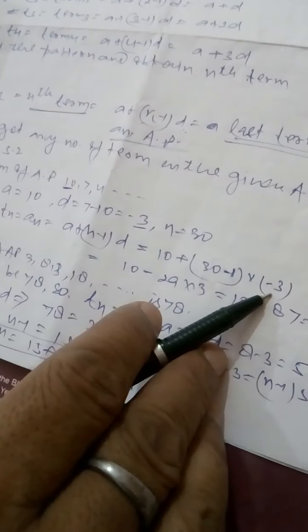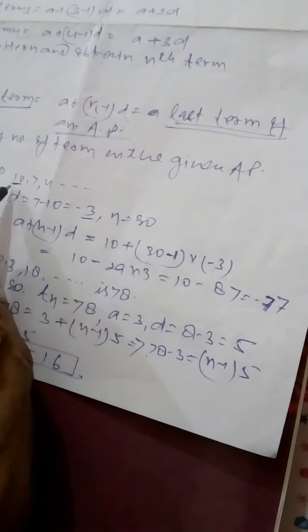So using the formula Tn equal to A plus n minus 1 into D, after putting the values, A is 10, n is 30 and D is minus 3. After simplification we get minus 77. So the 30th term of the given AP 10, 7, 4 and so on is minus 77.